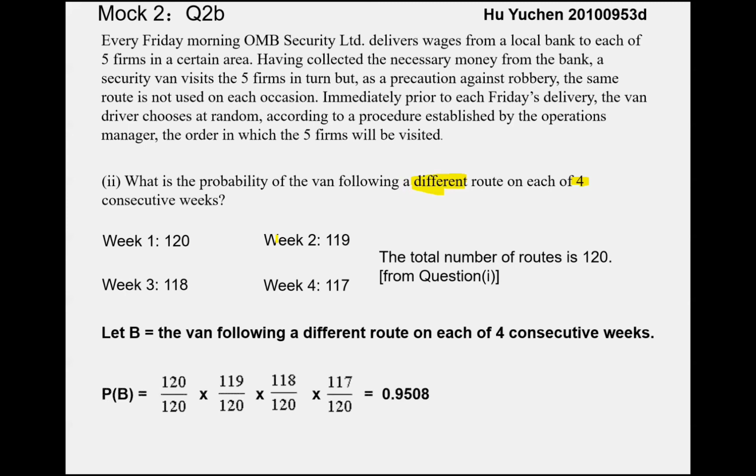Then the probability of event B equals 120/120 times 119/120 times 118/120 times 117/120, and it finally equals 0.9508. That's the answer to question 2.